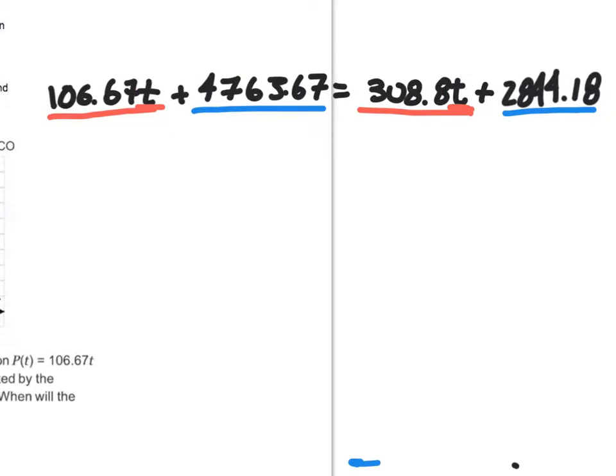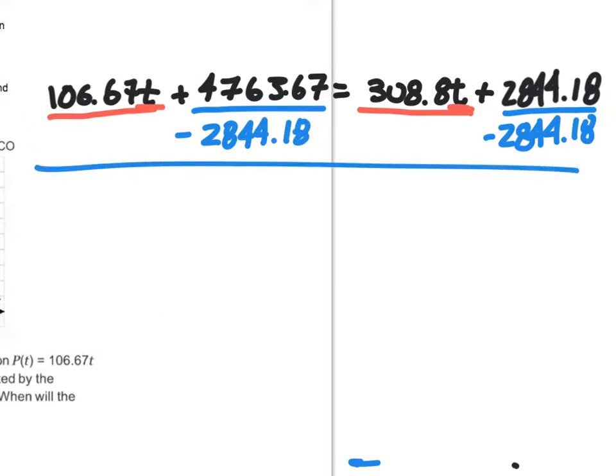So I'm going to do this. I'm going to subtract both sides by 2,844.18. When I subtract these two numbers, this goes away and cancels out to 0.